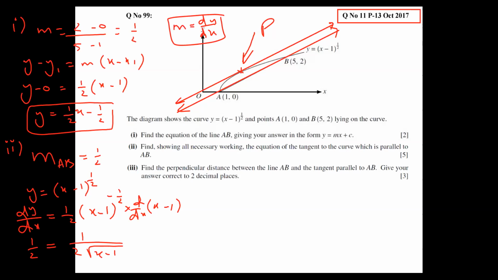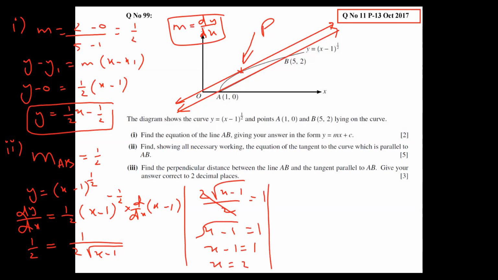So cross multiply; this goes to the left hand side, top. I'm not doing a full cross multiply. So 2 root of (x minus 1) by 2 is equal to 1. The 2s cancel, leaving root of (x minus 1). Squaring both sides, x minus 1 equals 1. So x becomes 2. But I need y as well, not only x.